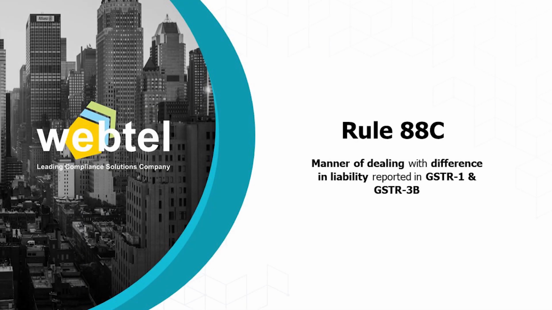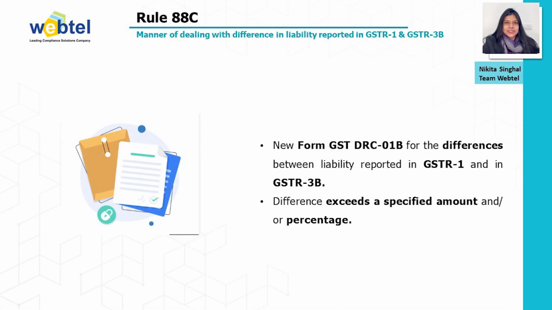Moving to the next rule, which is Rule 88C, also newly inserted under the CGST rules, providing the manner of dealing with difference in liability reported in GSTR-1 and GSTR-3B. Rule 88C and Form GST DRC-01B are inserted in the CGST rules for issuing intimation to the taxpayer for the difference between liability reported in GSTR-1 and GSTR-3B where such difference exceeds a specified amount or percentage.